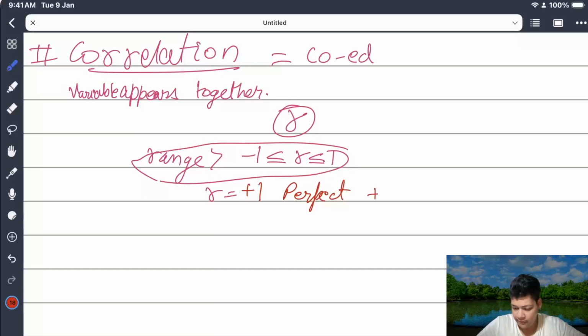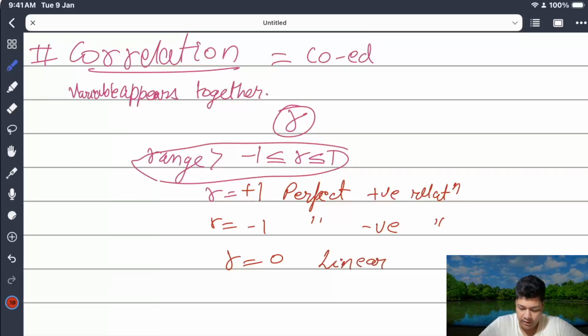And if r is negative, then it's a perfect negative relation. And if r is equal to 0, then there is no linear relationship.